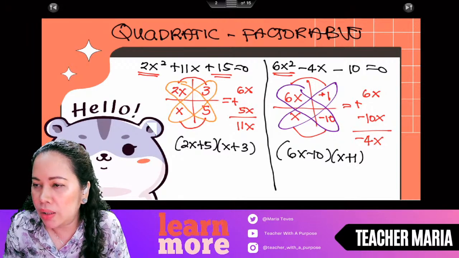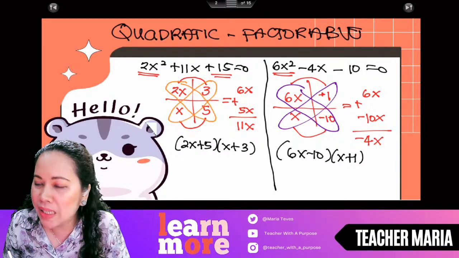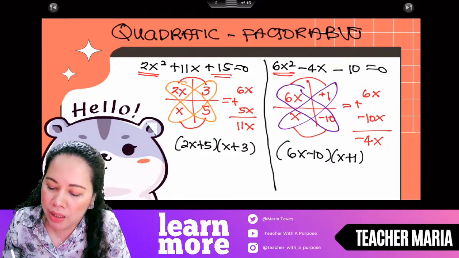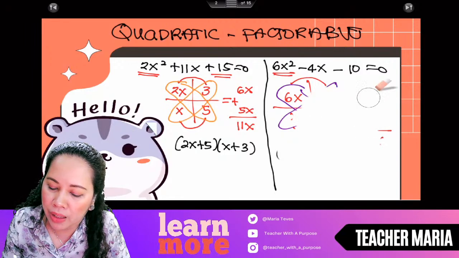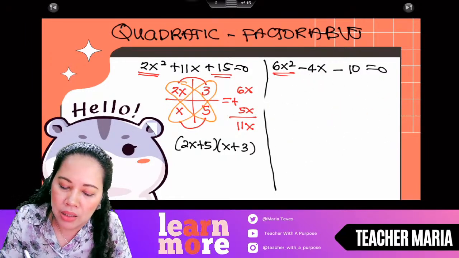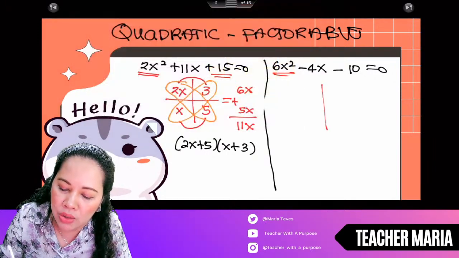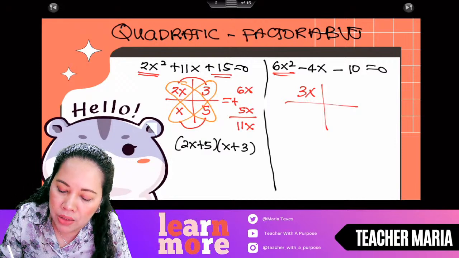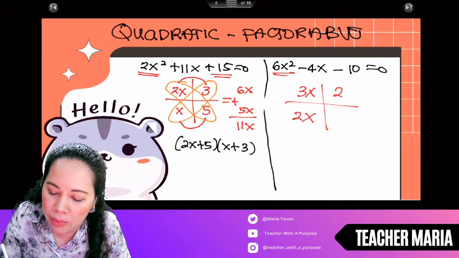Well done. There's another way of doing this as well, apart from 6x minus 10, because this one can still be simplified. 6x and 10 can still be simplified, but this is correct, okay? You just need to simplify that. So the other one will be your 3x and 2x, and then you pair it with 2, and then minus 5.